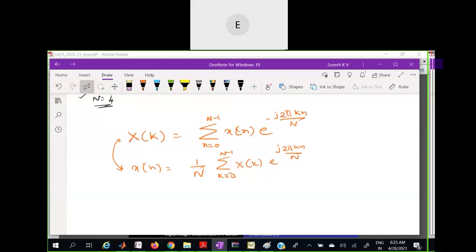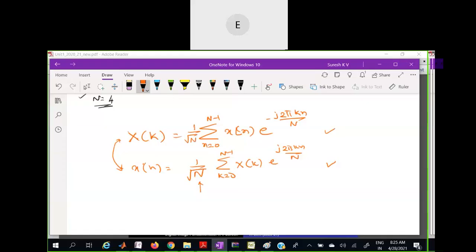Now we will just make a small change here. That is why I told you 1 by N is a constant term. You don't need to worry. Just to keep both the forward transform formula and the reverse transform formula looking similar, please note the changes that I am making. They will write 1 by root N here and another 1 by root N here.